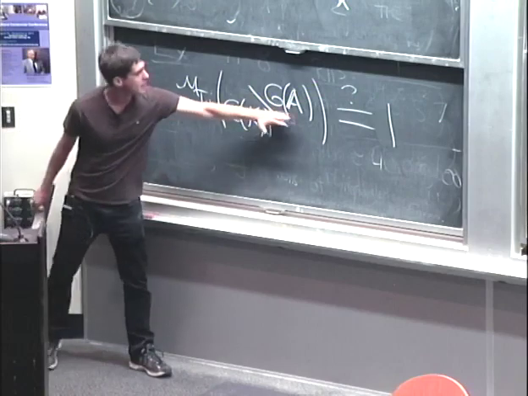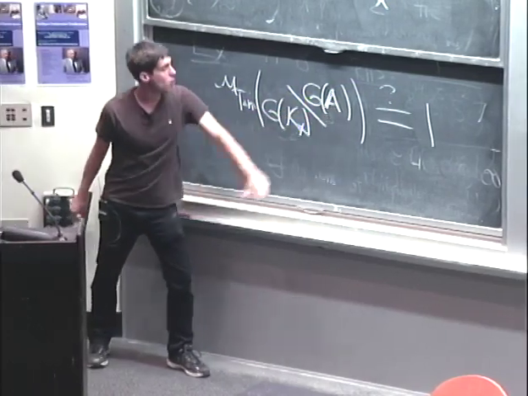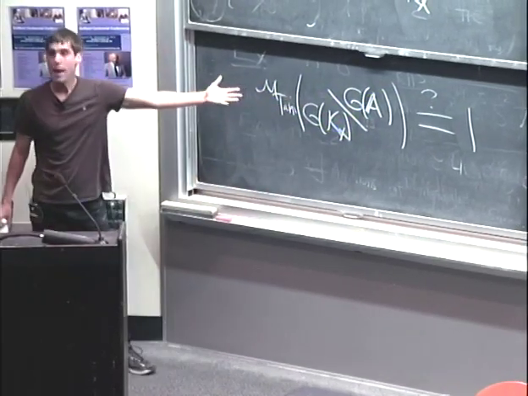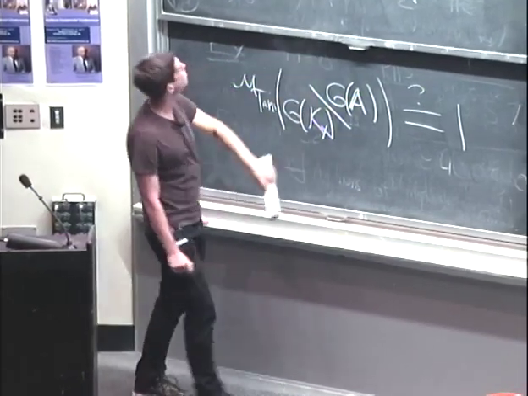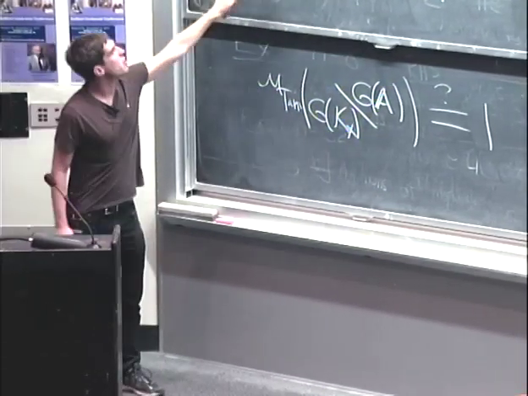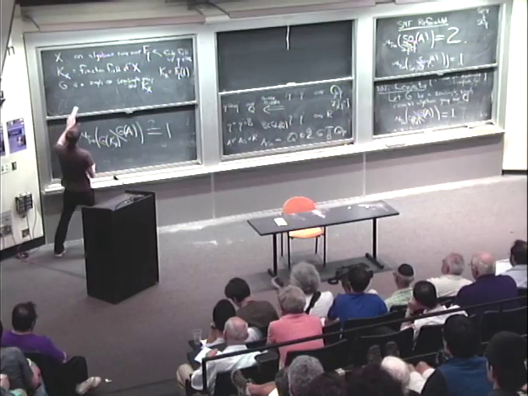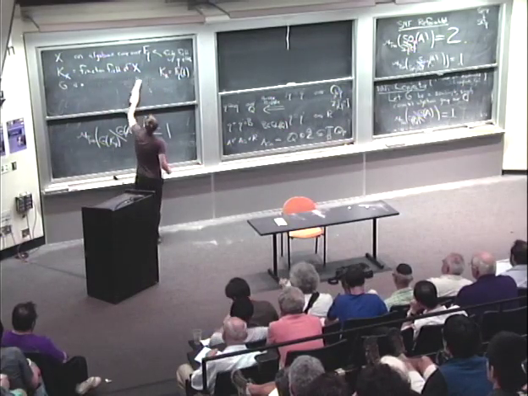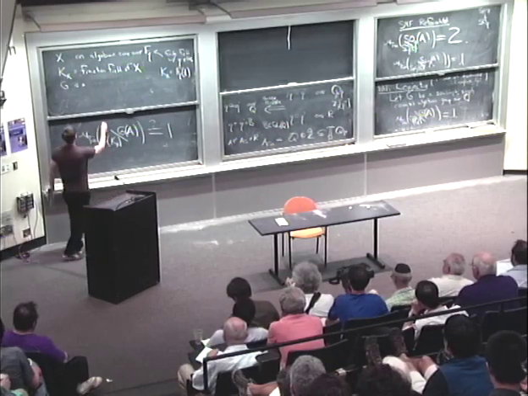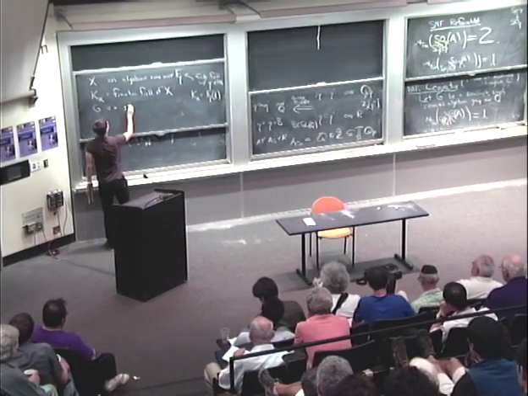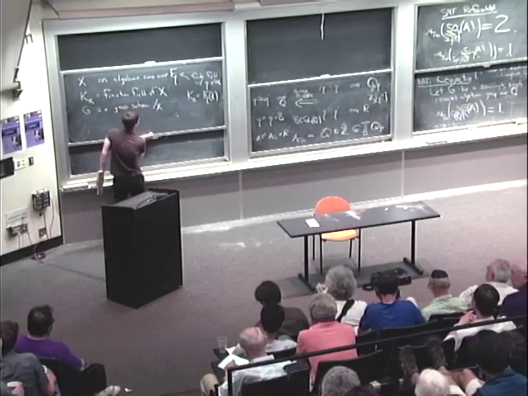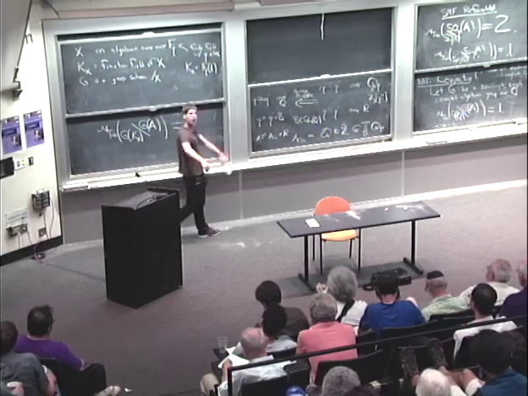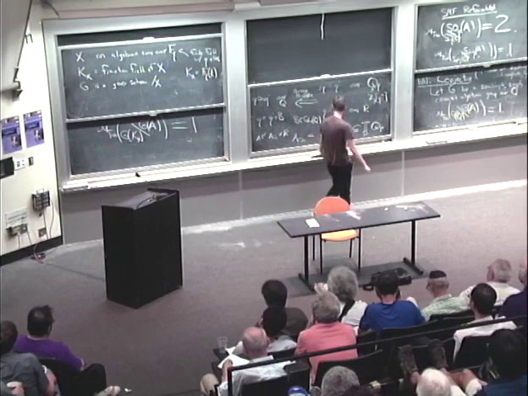So in order to do that, I want to take this and mod out on the other side by some compact subgroup of G of A. So to do that, I need to assume a little bit more. Let me assume that G is not an algebraic group over K_X, but a group scheme over X, or a family of algebraic groups that's parametrized by X.